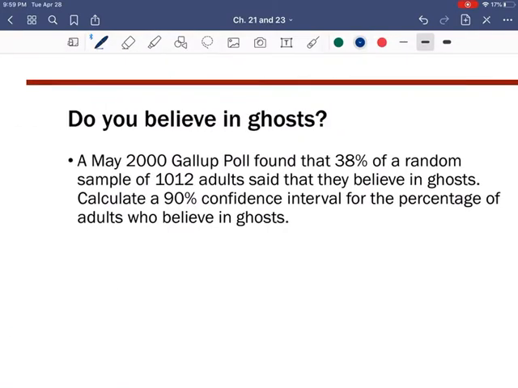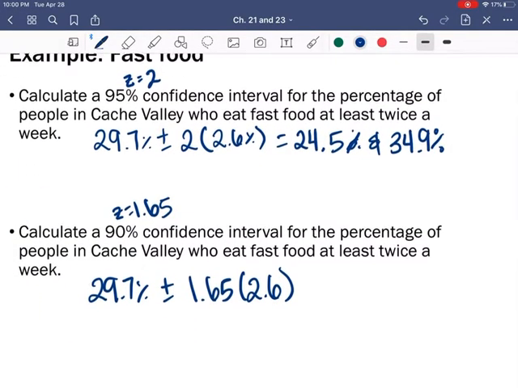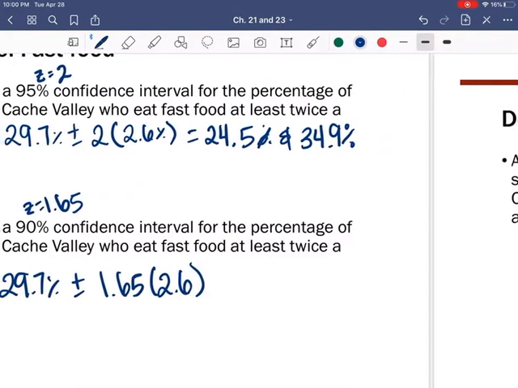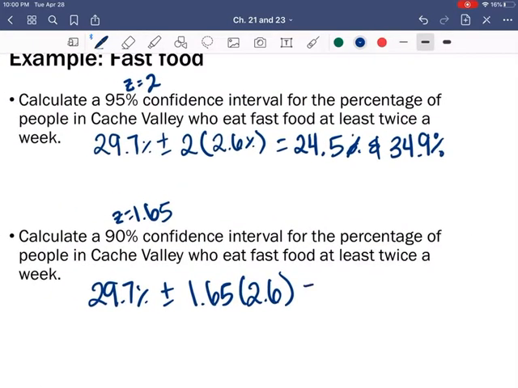And then you'd calculate that and you'd have your interval. Actually, let's calculate that and talk about the differences there. 29.7 plus 1.65 times 2.6.